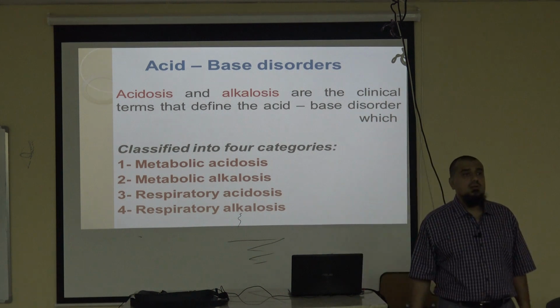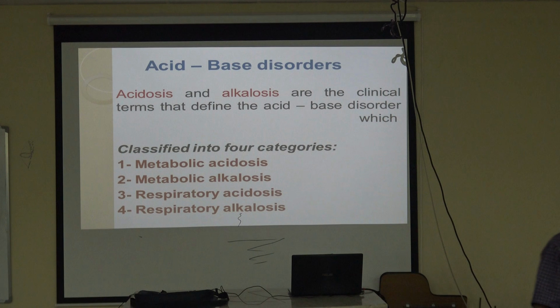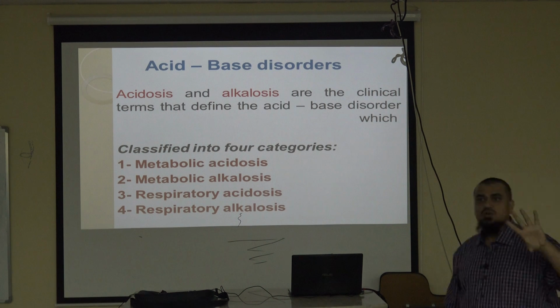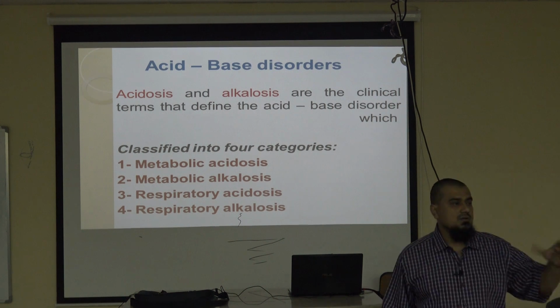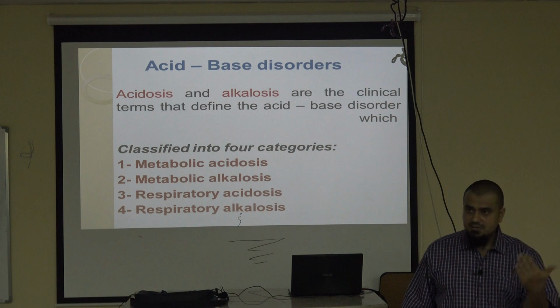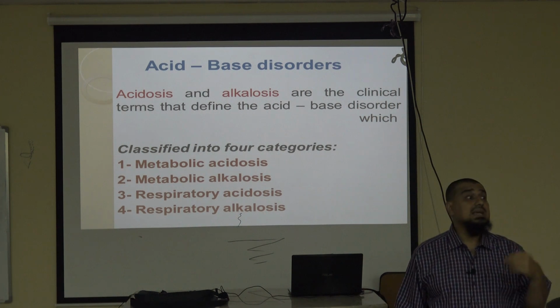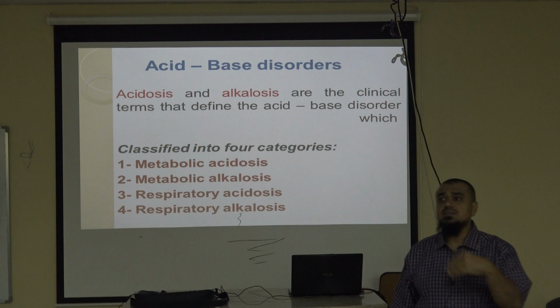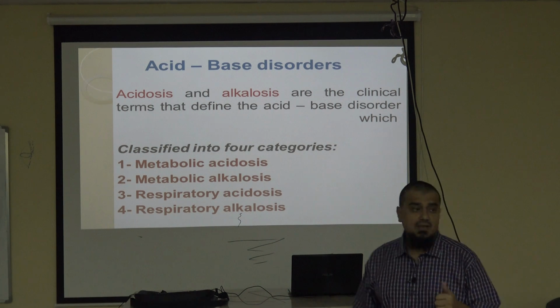Now, we come to the respiratory acid-base disorders, acidosis. Remember please, first of all, in the blood, we see a blood report, we see an ABG, and we find there is acidosis. How can we say this is acidosis? By the pH.